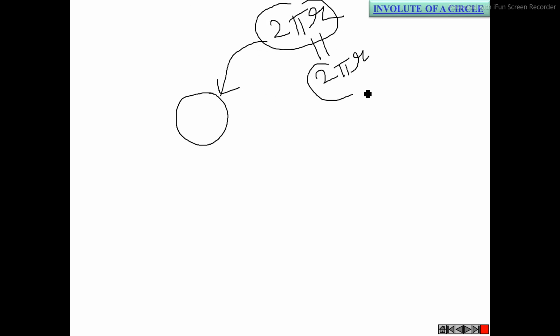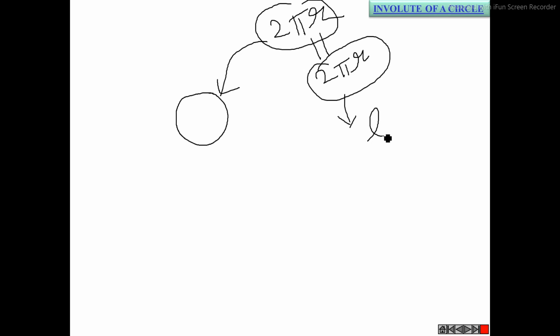So if I have a thread or a wire whose length is exactly equal to 2 pi r, only that much length can I wrap completely on the outer periphery of the circle. Yes or no? This is the circumference of the circle, and this is the length of the thread or wire which I want to wrap on the outermost periphery of a circle.